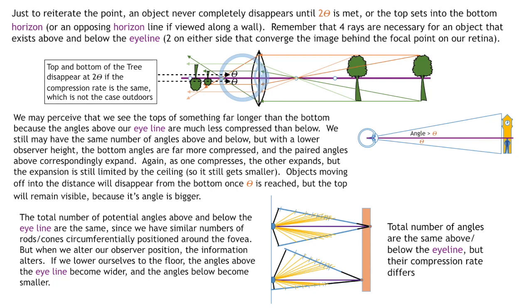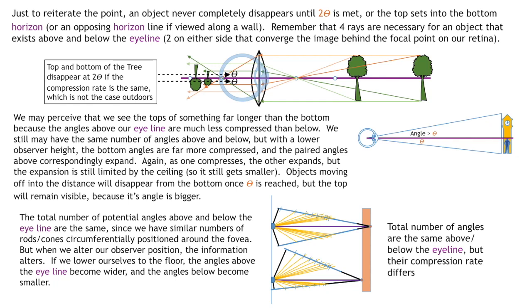In other words, the floor is usually compressing an object much more than the ceiling, since the ceiling, in the case of the sky, is much higher. Even in that case, 2 theta being met simultaneously is very rare, because for that you need the floor and the ceiling to be the same exact height away from your eye.